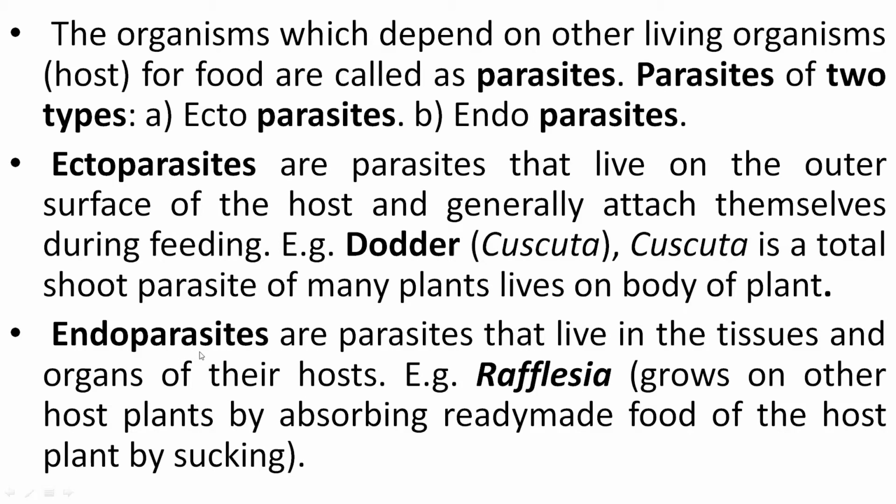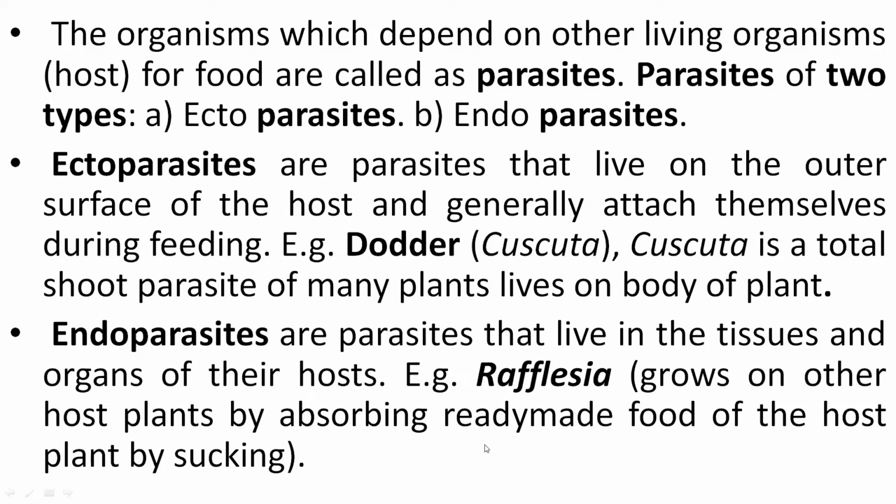Endoparasites are parasites that live in the tissues and organs of their host. Here, in animals, I can give the example of worms which live inside the human intestine. In the case of plants, Rafflesia is the example, but it grows on another plant by absorbing the ready-made food of the host plant by sucking.